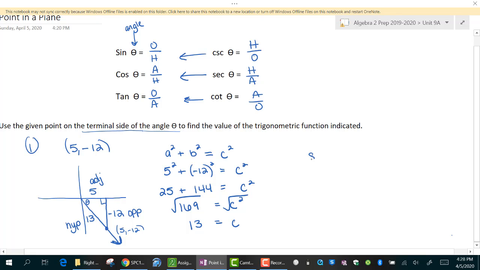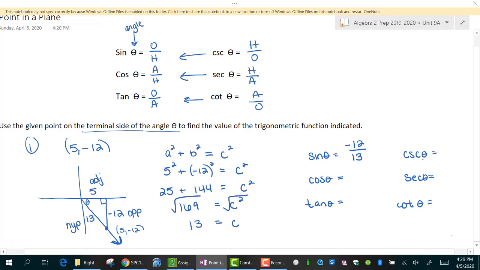Okay, so we should have everything that we need to come up with sine, cosine, tangent, and then our reciprocal functions, cosecant, secant, and cotangent. So sine we know is opposite over hypotenuse, so negative 12 over 13.